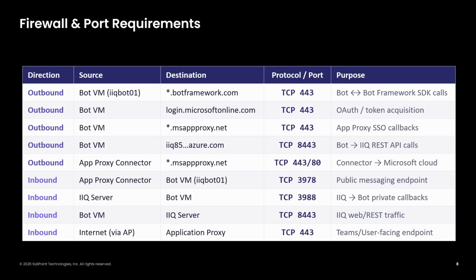For example, the bot service runs on the private port for bot services, 3978. The public port is 3988. Now, depending on what port you're running on your IIQ server, you need to have that configured, and the same for the communication between the bot VM and the application proxy connector.